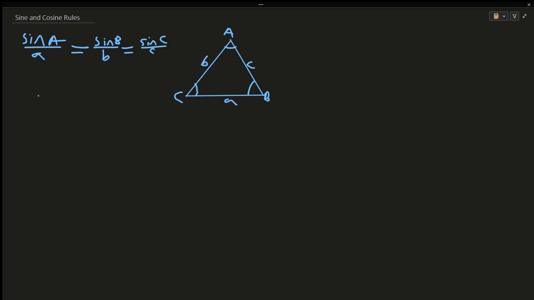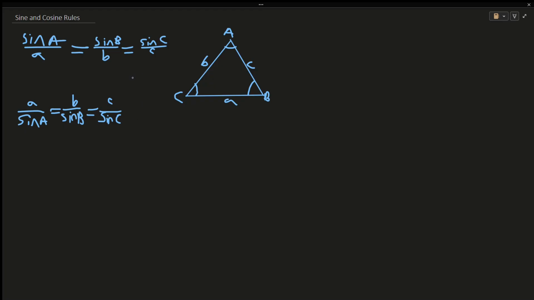This is also true for sides, so it also holds true that A over sine A is equal to B over sine B and is equal to C over sine C. So that also holds true.